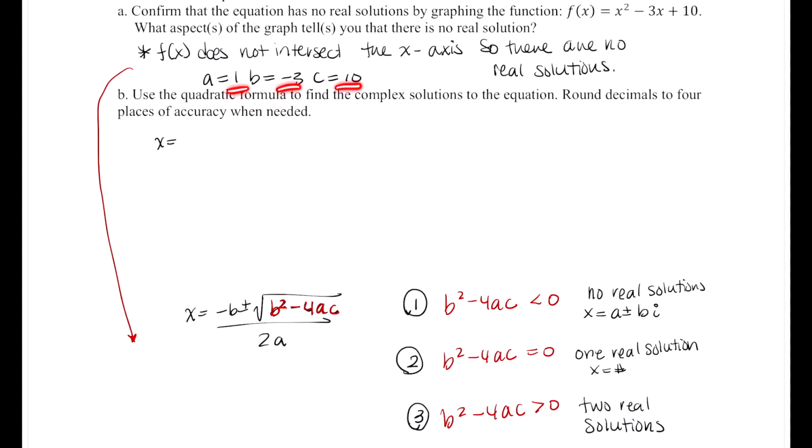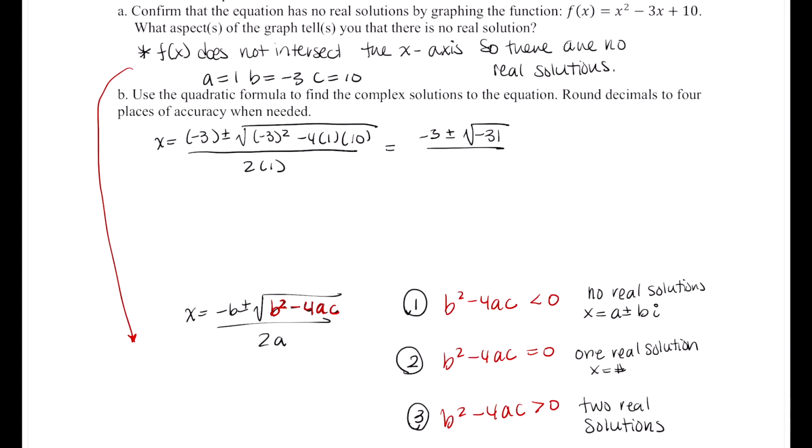Let's go ahead and fill this in. Negative 3 plus or minus the square root of negative 3 squared minus 4 times 1 times 10, and all of this divided by 2 times 1. So negative 3 plus or minus, in our square root, we'll end up with 9 minus 40, which is negative 31, over 2. So I know this is negative 3 plus or minus an i times the square root of 31, over 2.